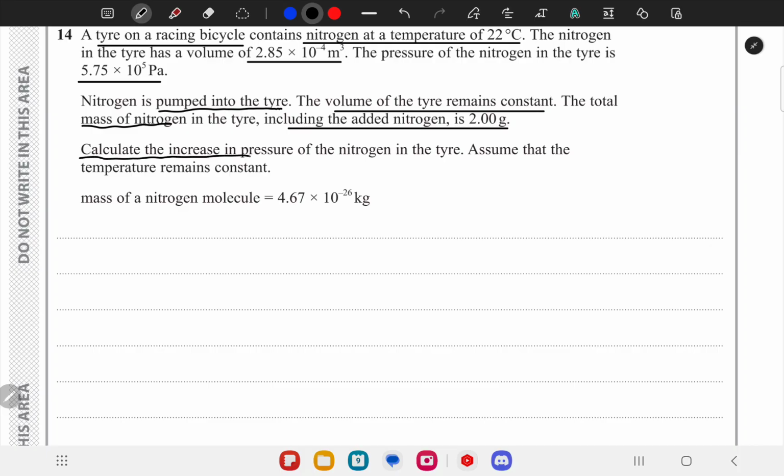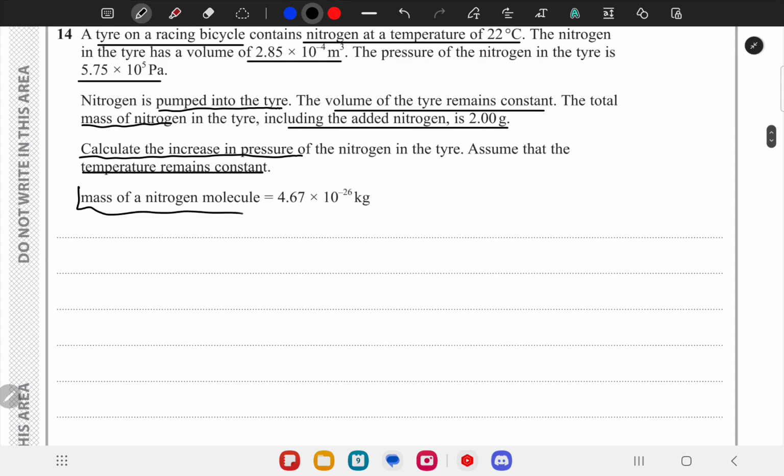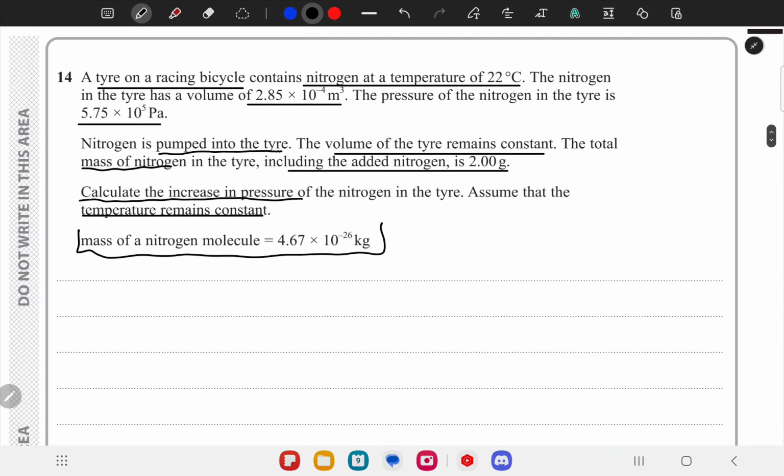We have to calculate the increase in pressure assuming that the temperature remains constant. Now we are also given the mass of one nitrogen molecule. The pressure has changed, while the volume and the temperature have remained constant.